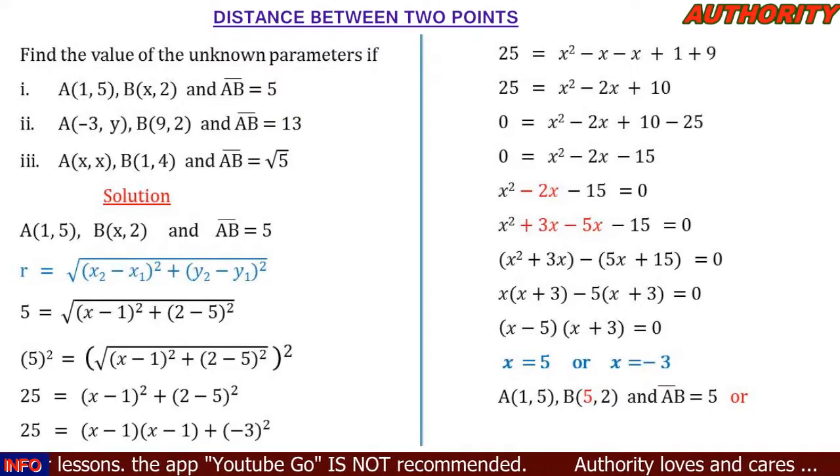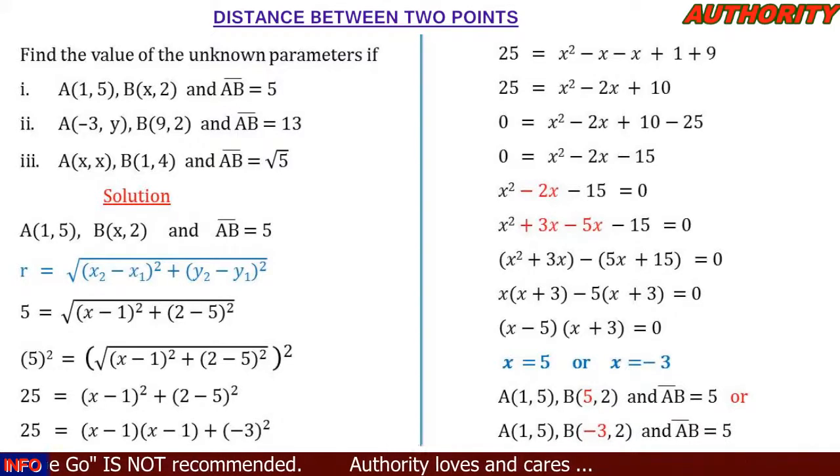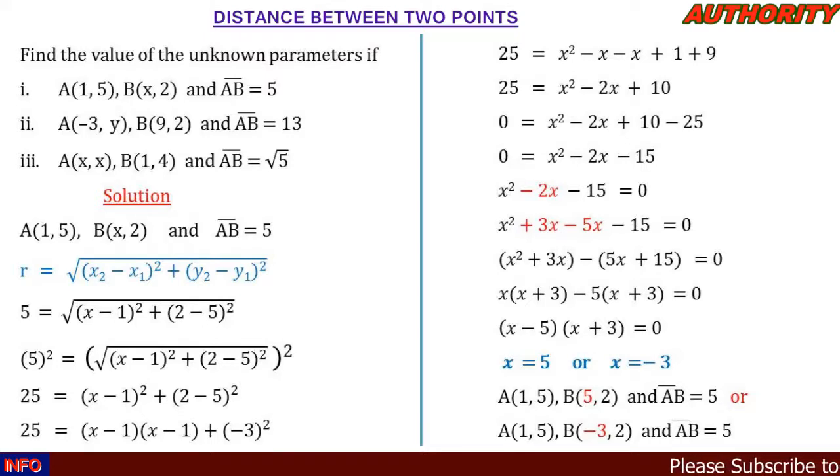And then the distance AB is going to give us 5. Or when you say the point A, 1, 5, and the point B, in place of x, replace it with minus 3, 2, and then the distance between AB is 5. All right? Yes, this is how to represent it. So these two now, when you take their distance, is going to give you the same.